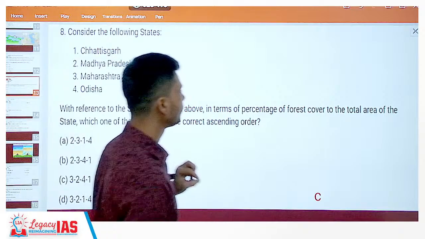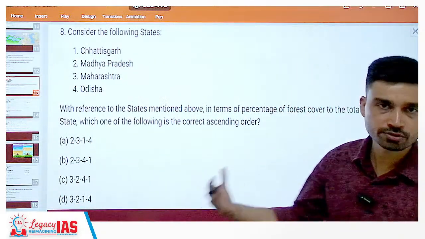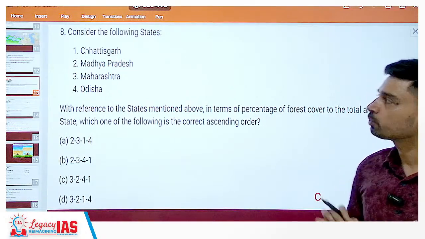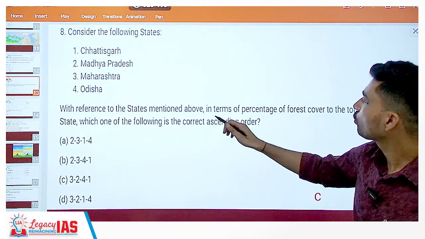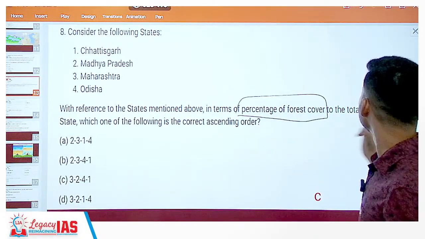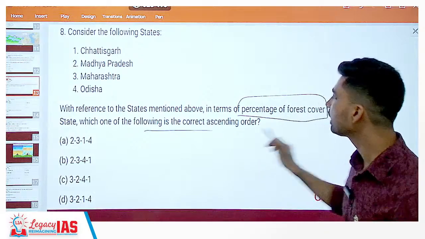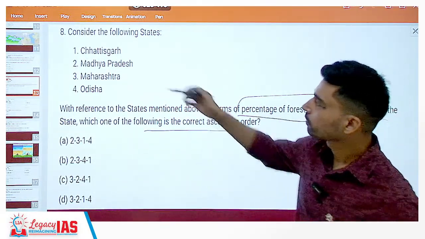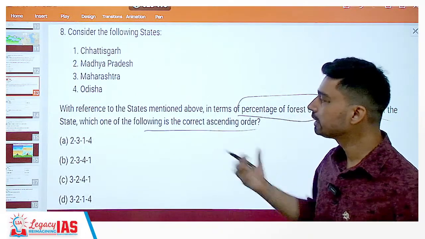Then we have a question on forest reserves, that in the given states, that is Chhattisgarh, Madhya Pradesh, Maharashtra and Odisha, which of the following is the correct ascending order in terms of percentage of forest cover to the total area of the state? We have to arrange the forest cover in increasing order in these 4 states.